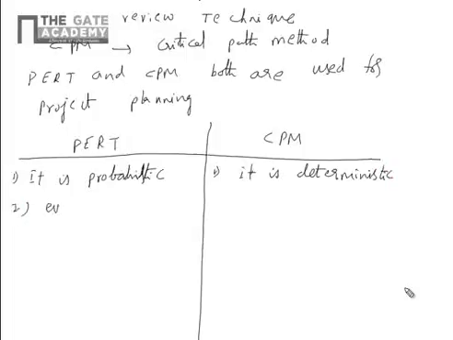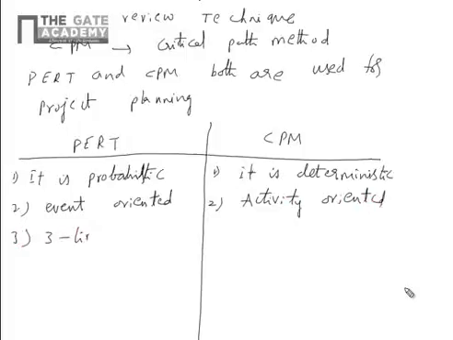PERT is event oriented. CPM is activity oriented. PERT is a three-time estimate. CPM is a single time estimate.